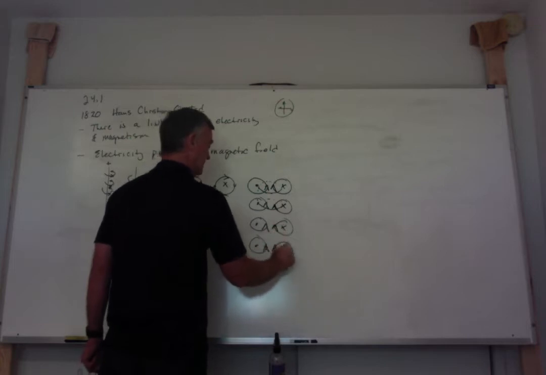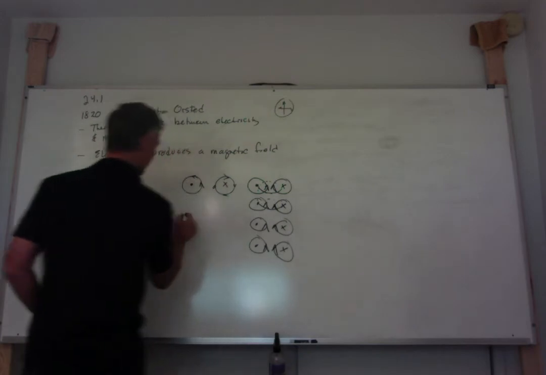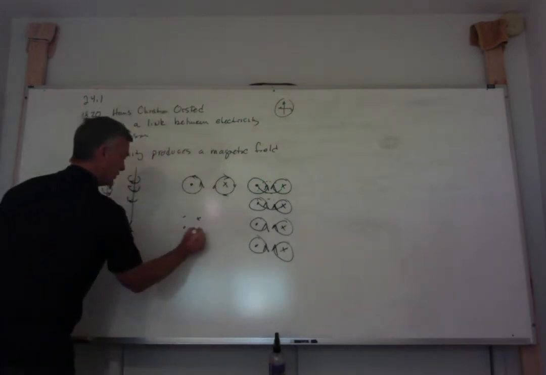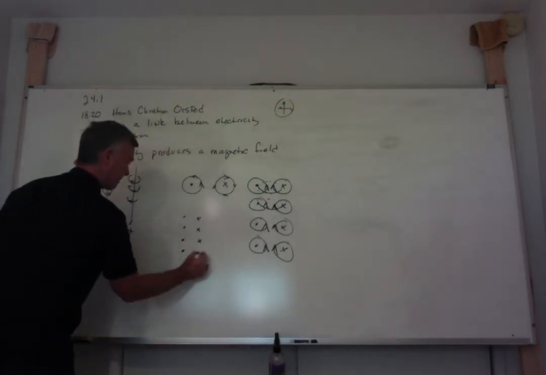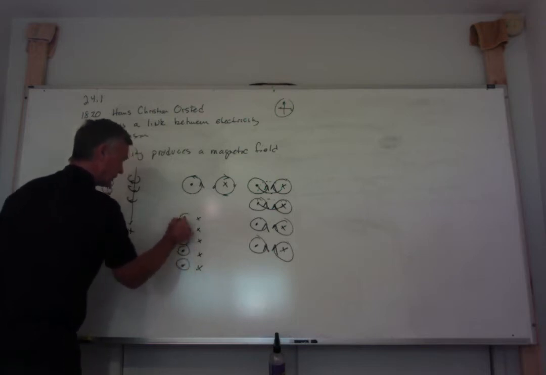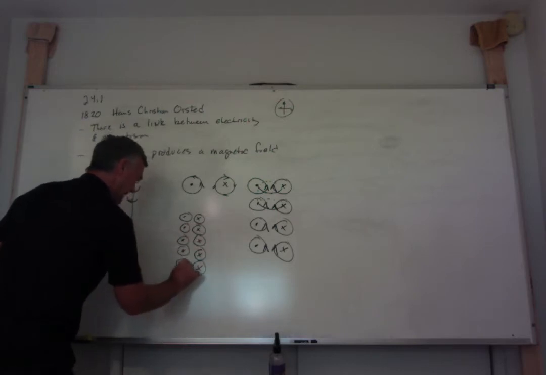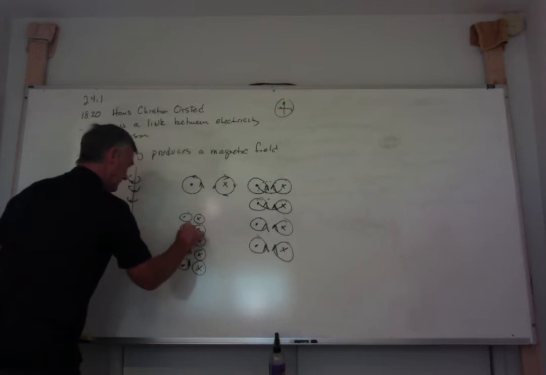So let me clean that up just a little bit. If I have my coil of wire, what we're going to have through the center of the wire is that all of the magnetic fields will be pointed in the same direction.